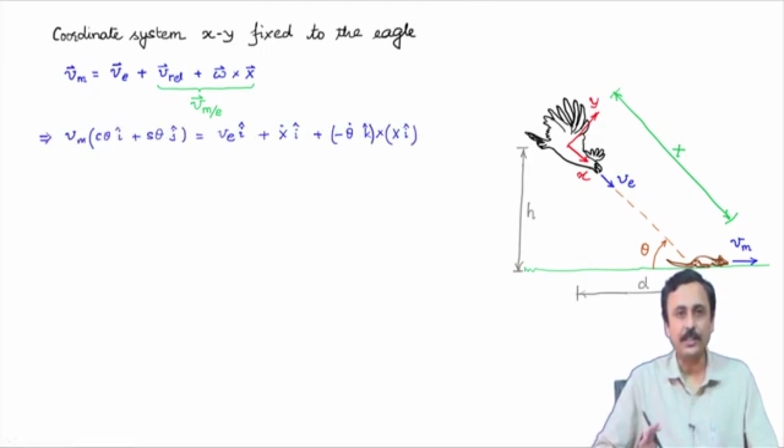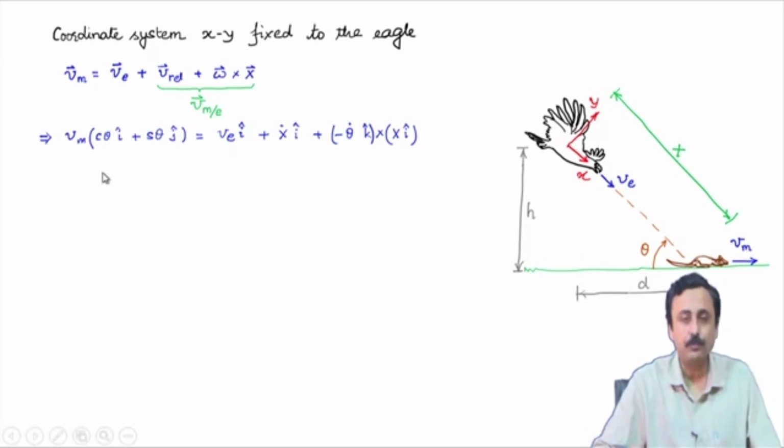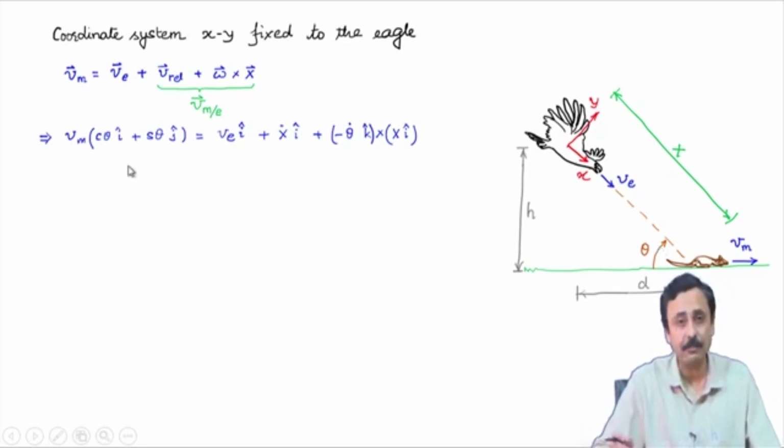Now, I start representing all these vectors in that x y frame. Velocity of the mouse in the x y frame is the magnitude of the velocity, Vm, times the unit vector direction. Now, Vm is in the horizontal direction, and this is the angle theta. Therefore, the unit vector in the direction of velocity of the mouse is cosine theta i cap plus sine theta j cap.